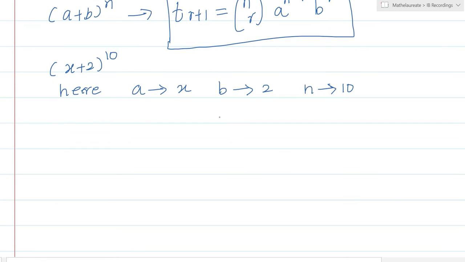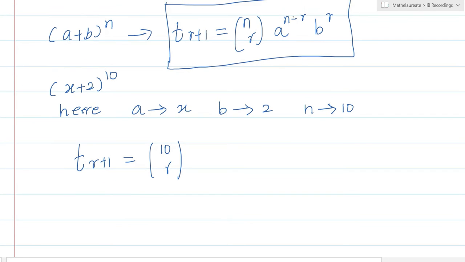Substitute these values carefully in the general term formula. T(r+1) is 10Cr, times a to the power of n minus r. Here a is x, so it becomes x to the power of 10 minus r, and b to the power of r is 2 to the power of r.